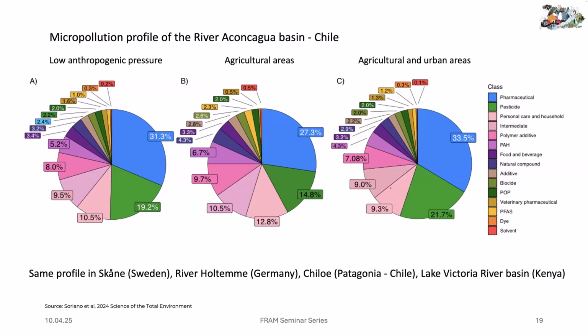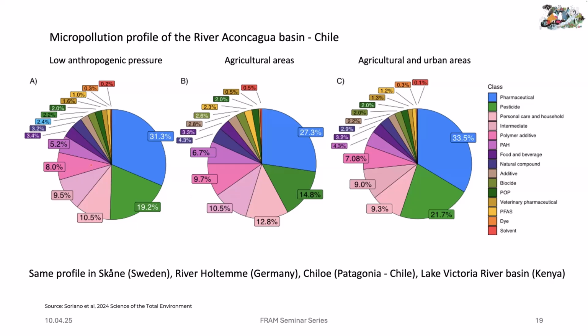What is quite interesting, like I mentioned, is that we started in 2018, so now we have a very big and comprehensive picture of the different sampling sites. There is a quite consistent pattern in which we observe a very strong composition of micropollution characterized by pharmaceuticals and pesticides. Most of the time, those two groups make up roughly 50% of the micropollutants that we were measuring in the different places.